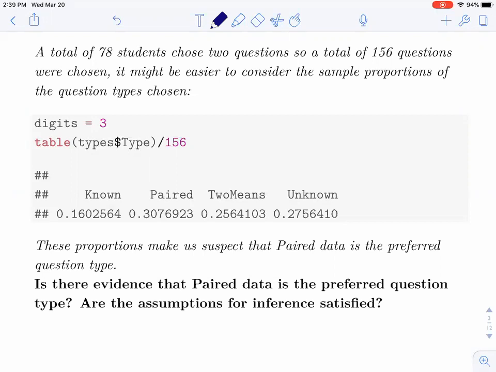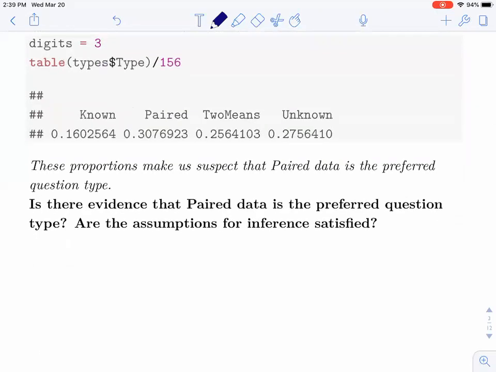Right. So what I did, and also what you'll do for lab 7, is I just looked at these and said, oh, okay, so it looks like paired is the favorite. And I'm calling it the favorite, I don't care. If you picked it, it's your favorite. It's the most commonly chosen question, but that doesn't sound as good.